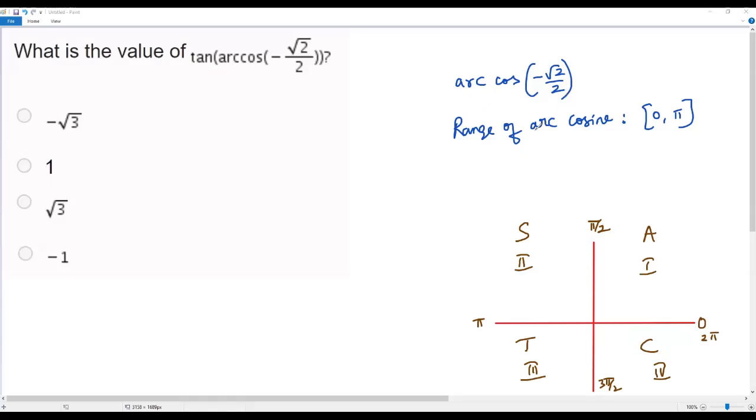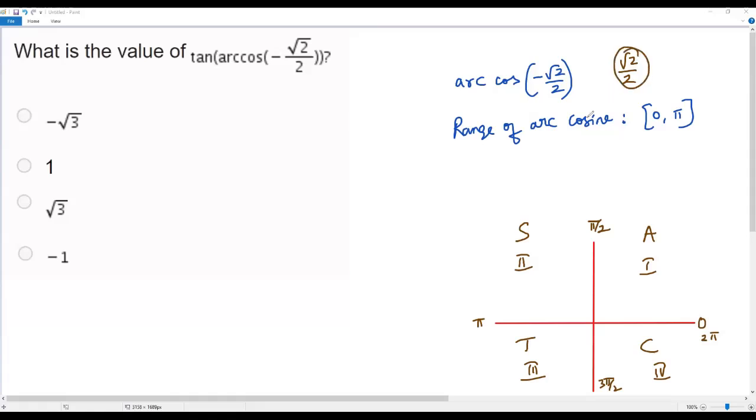The reference angle is the angle measure in the first quadrant between 0 and pi over 2. We can get the reference angle only for positive values, but here we have a negative value. So temporarily we assume this negative value is positive, that is square root of 2 over 2. Now we have to find the angle in the first quadrant for which the value of cosine is square root of 2 over 2.